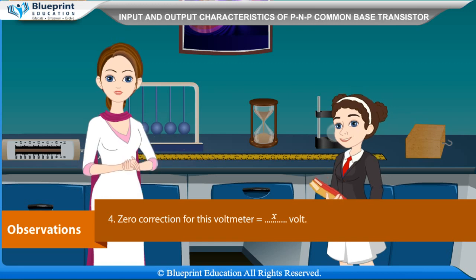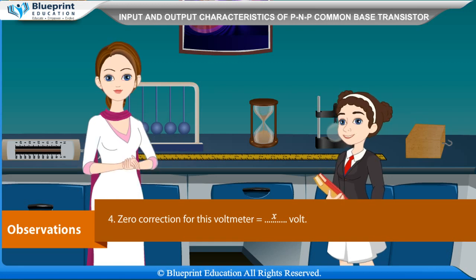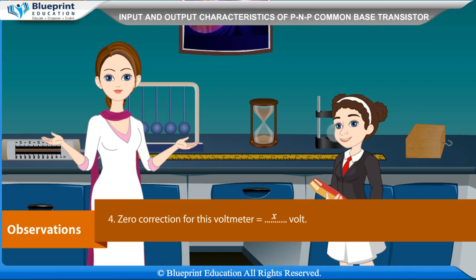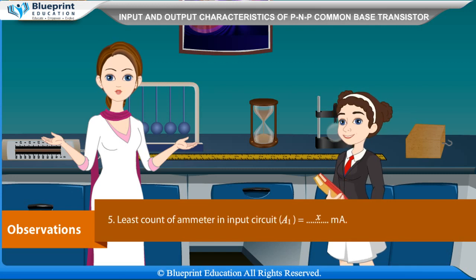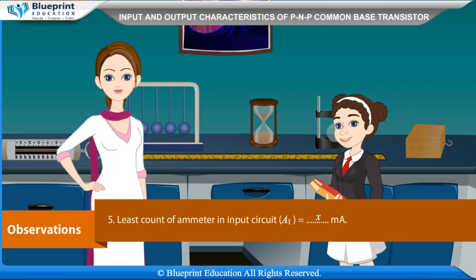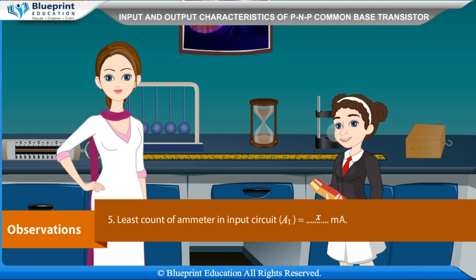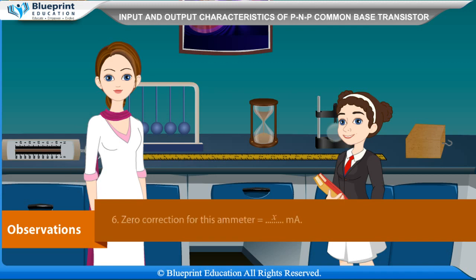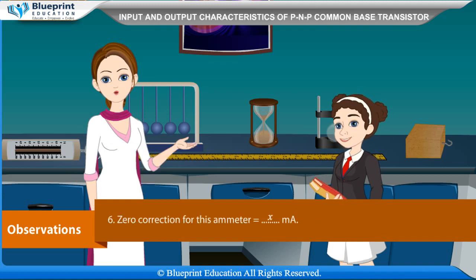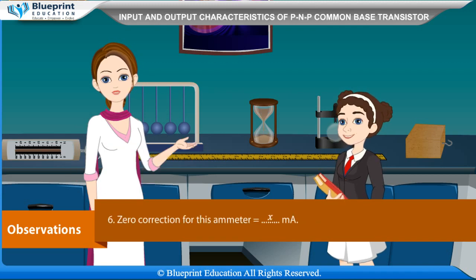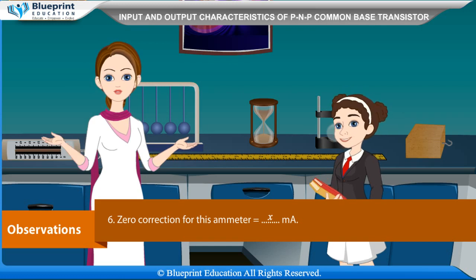Zero correction for this voltmeter is equal to X volt. Least count of ammeter in input circuit A1 is equal to X milliampere. Zero correction for this ammeter is equal to X milliampere.